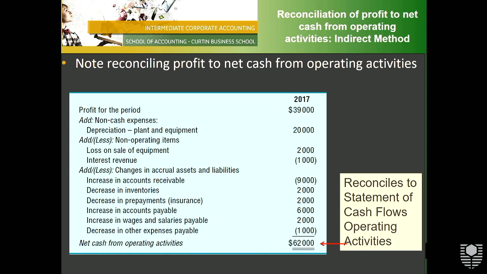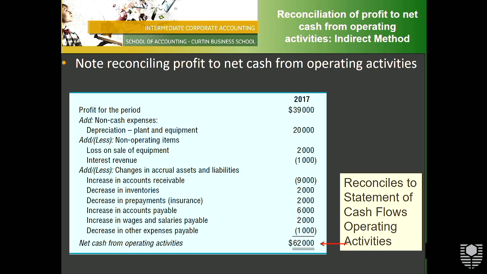Where it's recognised an expense, you need to add it back, to make sure it's only about operating activities. So you start with your profit, then add back any non-cash expenses, like depreciation or amortisation. You add or minus your non-operating items, depending on whether it's a loss. Notice those losses have been added back, and your interest revenue has been taken out.